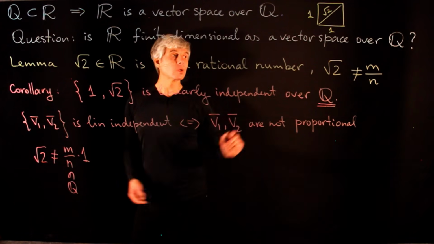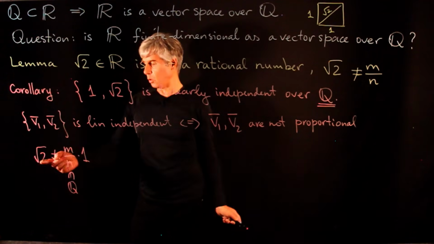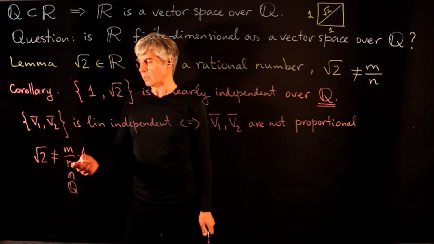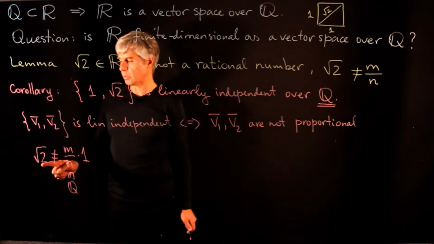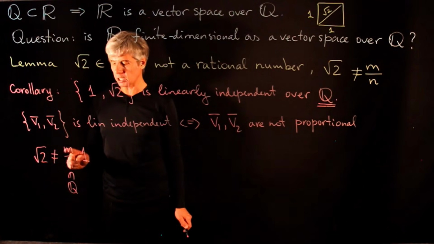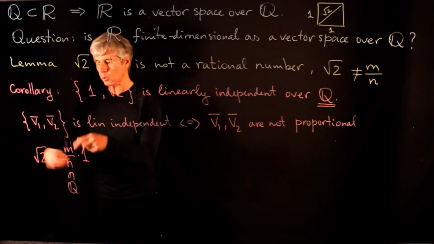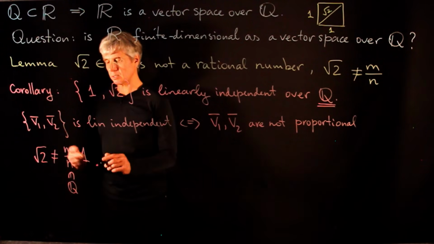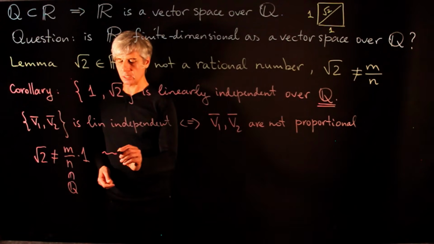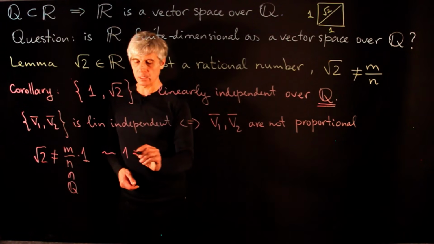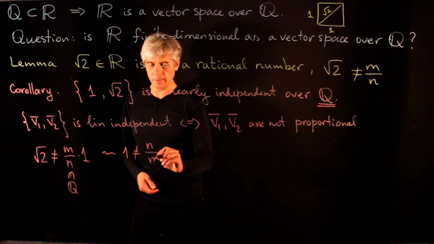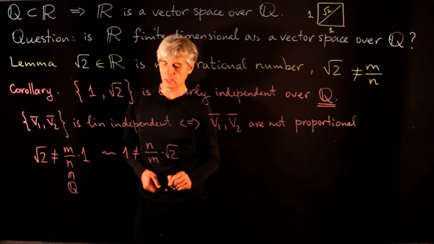Since we know that square root of 2 is not a rational number, this also tells us that square root of 2 is not a rational multiple of 1. And by inverting this, this is equivalent to saying that 1 is not n over m times square root of 2.